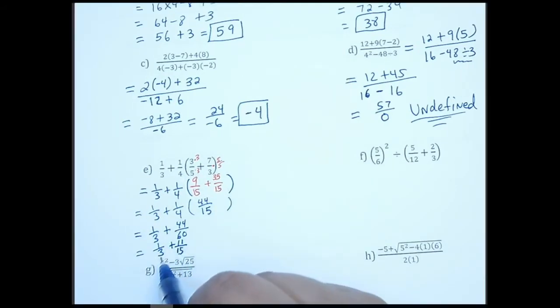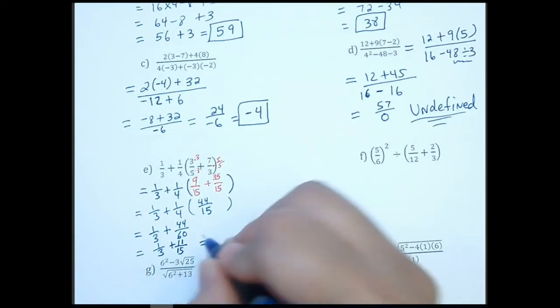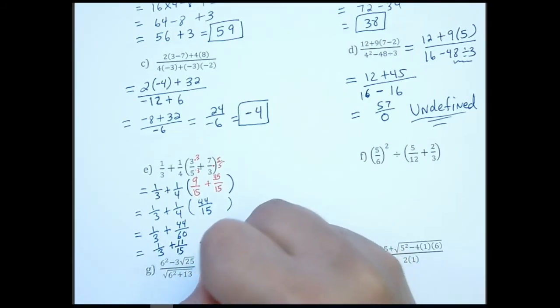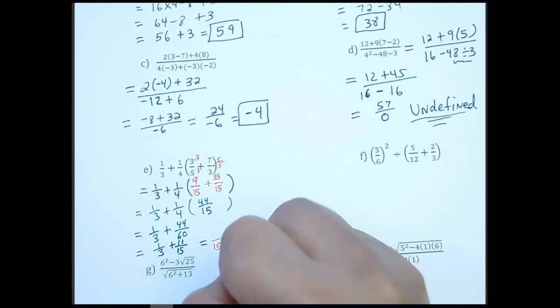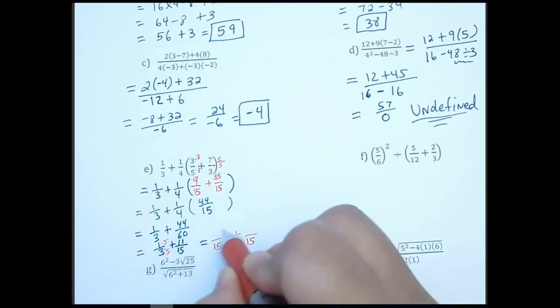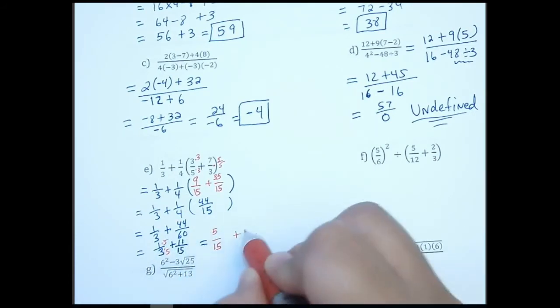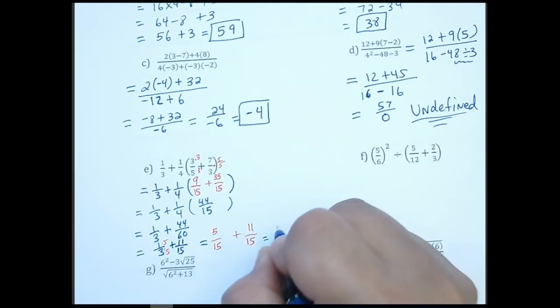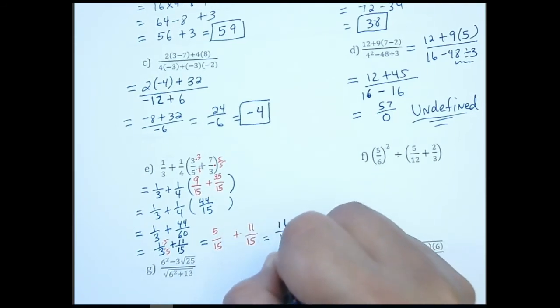Okay, so now we need to find a common denominator here. So our common denominator is going to be 15. So I'm going to write 15 for both. And so this 3, I would have to multiply by 5. So this would be 5/15. And this one's already 15. So now I can add my fractions. So I get 16 over 15.